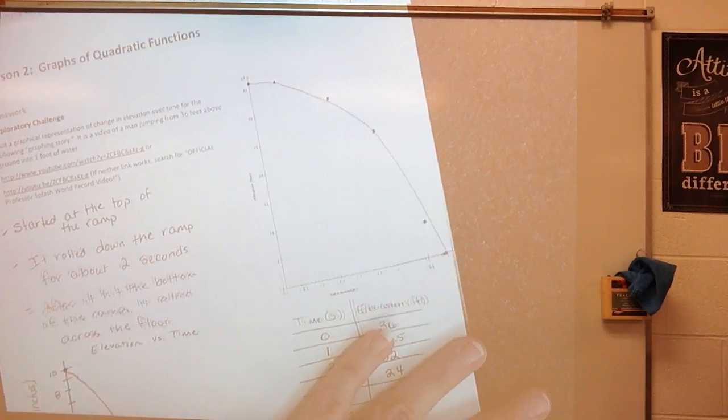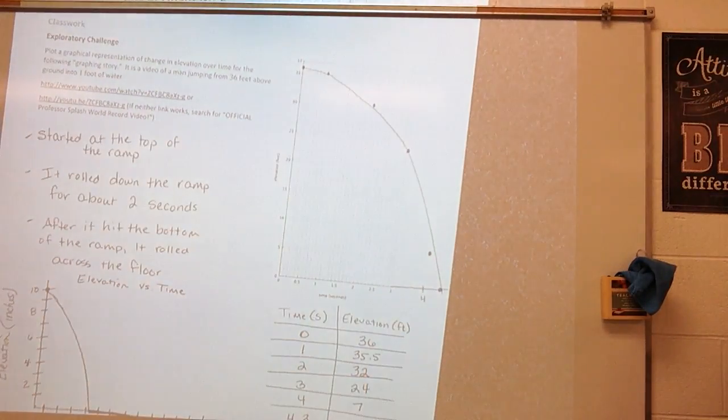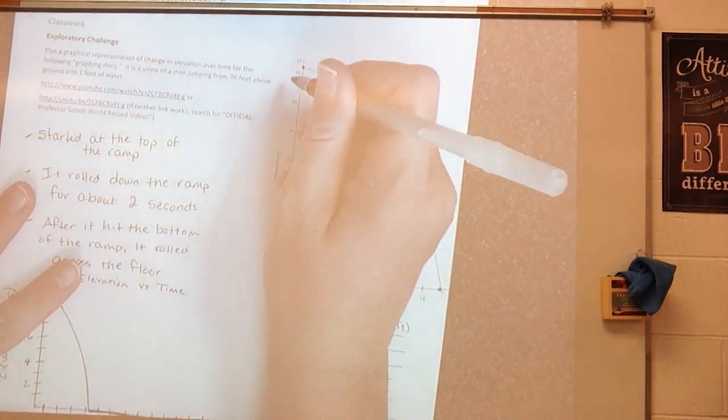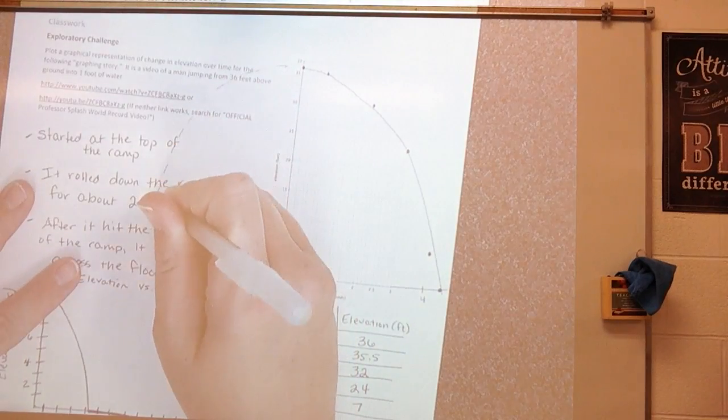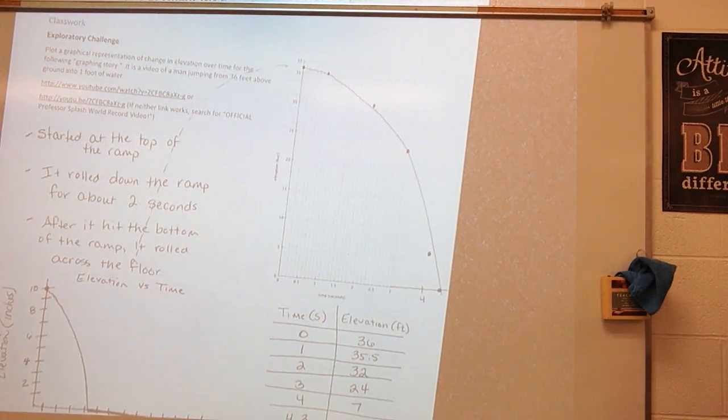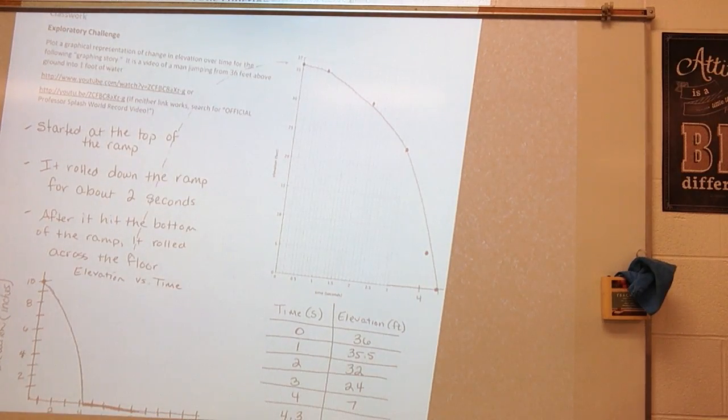If I were to go back, I'm going to go back for just a second. Go back to your exploratory challenge. If I actually were to go back to my exploratory challenge, and I were to reflect this across the y-axis, which I didn't do perfectly, but just to kind of give you an idea of what it would look like, does this extended graph that I've drawn from the exploratory challenge model the elevation of a man jumping into the shallow pool?